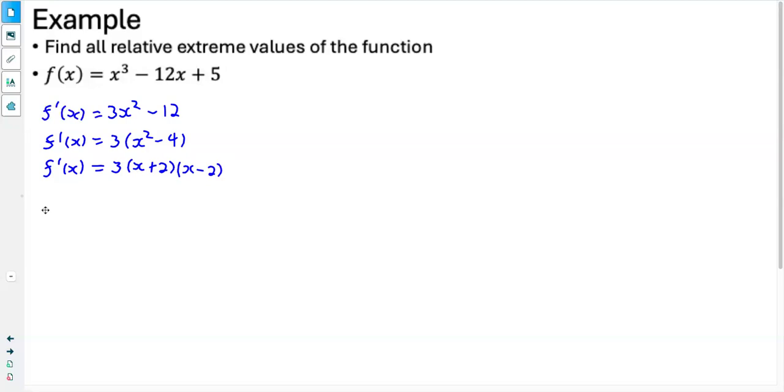So we can say that we have critical points at x equals negative 2 and positive 2.